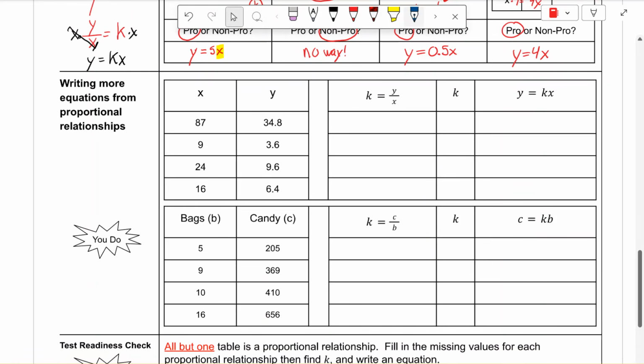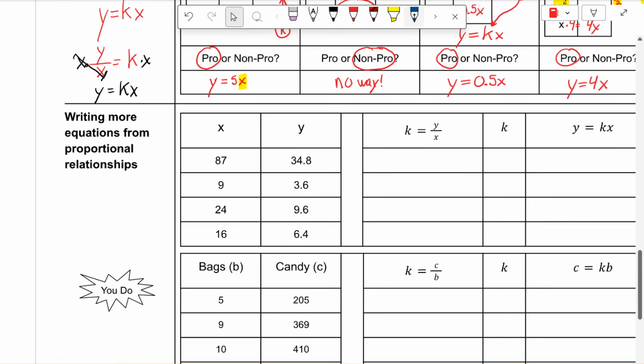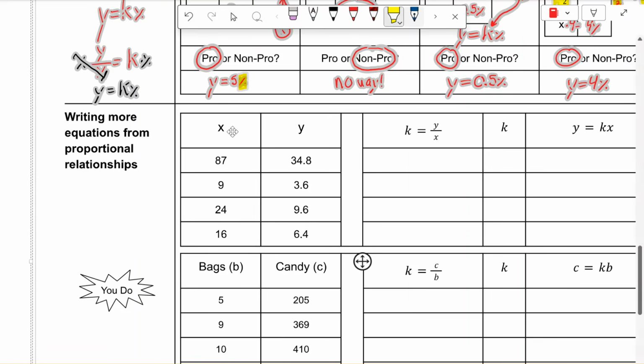All right, this next one is writing an equation from proportional relationships. And so again, we have our x and our y, and this is a you-do section, so we're going to make sure that you guys get this down. Let me show you on this top one. You have x and y, which you are completely familiar with, another vertical table.